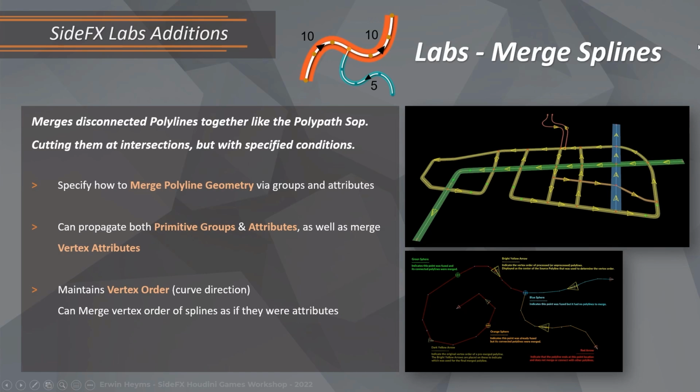Next, I also have the Labs Merge Splines node. And this one allows us to merge disconnected polylines together, like the polypath sub, cutting them at intersections, but with specific conditions. Now this one actually keeps your primitive groups and attributes intact, as well as the vertex attributes and the vertex order.